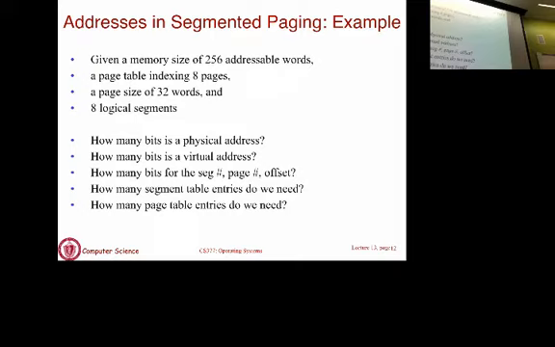Page size is 32 words, and you have a maximum of 8 segments per process. Given that scenario, it's asking several questions. The first question is, how many bits do you need for the physical address in such a system?